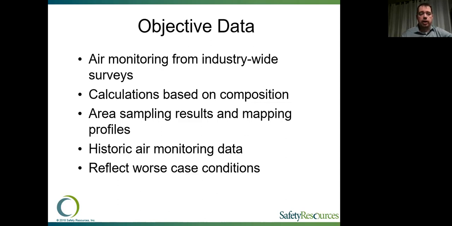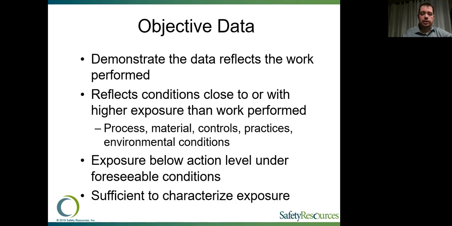If I have historic air monitoring data that was all done under pristine, perfect conditions, and the work is currently performed in less than perfect conditions, that data really isn't going to be useful for me. It needs to be accurate to the current conditions.